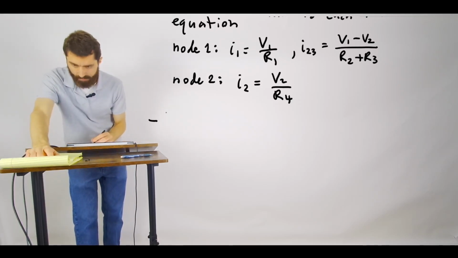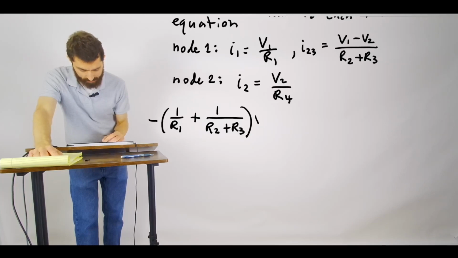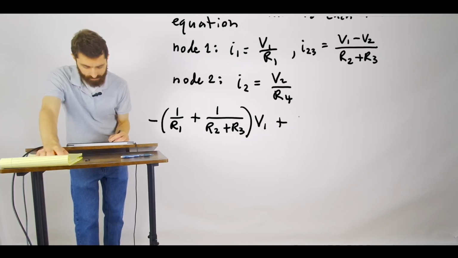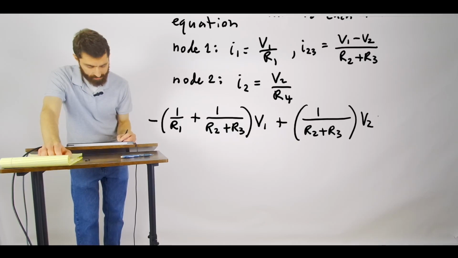It'll be minus 1 over R1 plus 1 over R2 plus R3, times V1, plus 1 over R2 plus R3 times V2, and that's going to be equal to minus IS1.